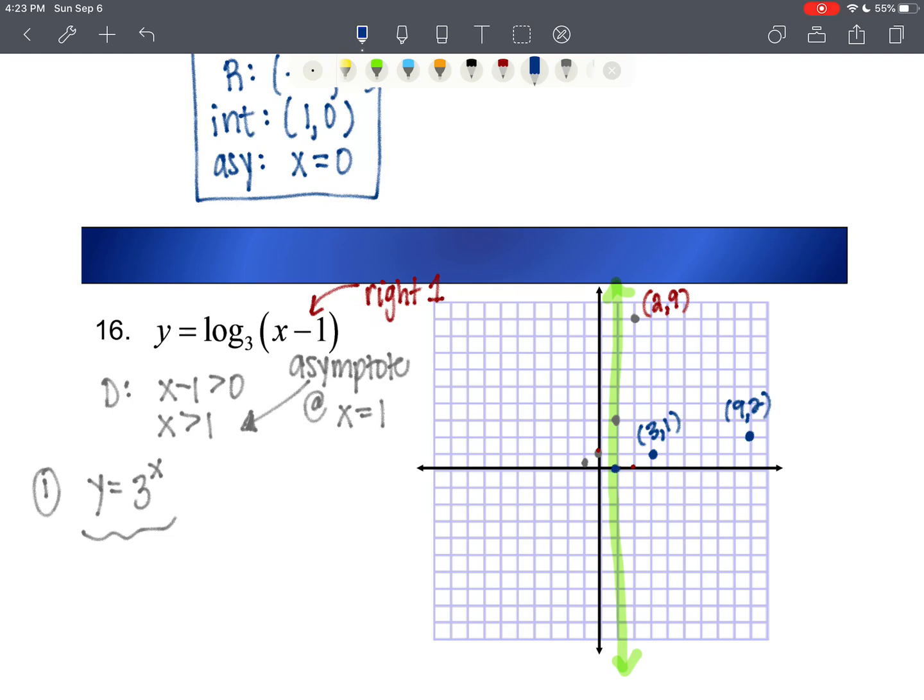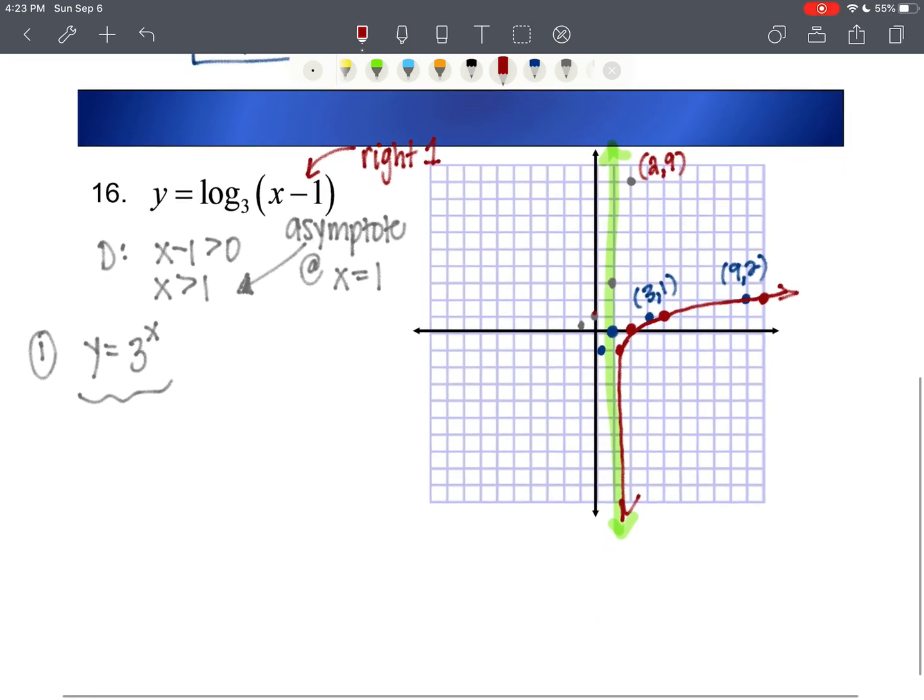And then our ordered pair 0, 1 becomes 1, 0. And then the next one is negative 1, 1/3, so 1/3, negative 1. We're going to take each one of these points and move it right 1. Then I'm going to connect the red points. And that's our answer. Everything got shifted right 1.